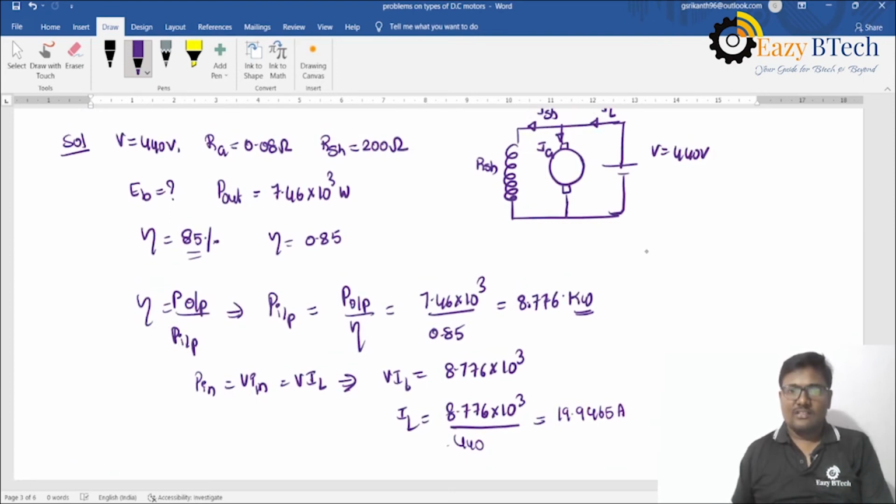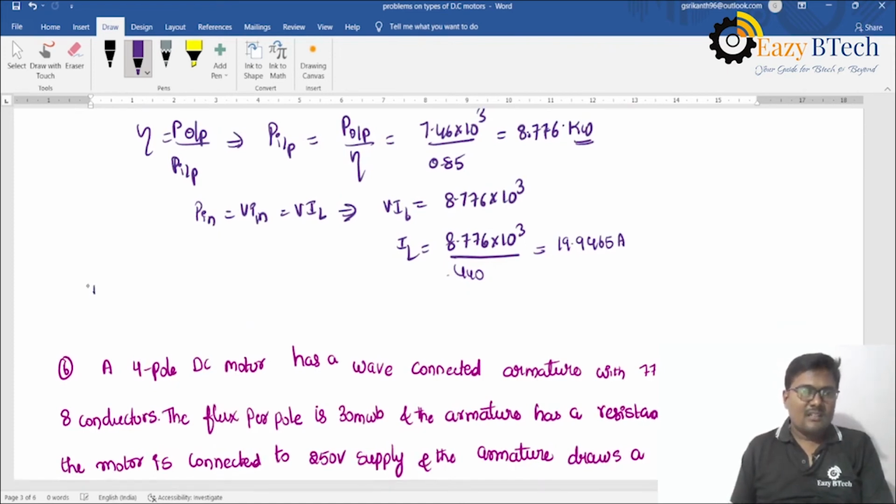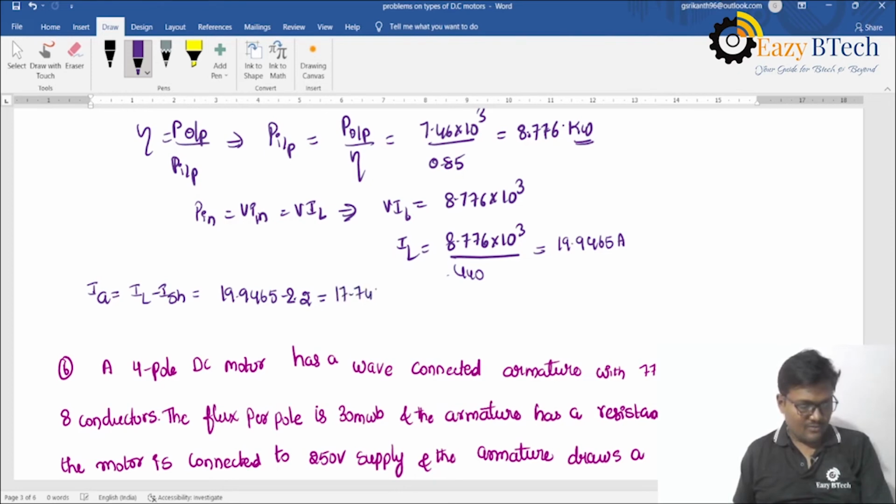So how is ISH calculated? ISH is equal to V by RSH. V is 440 and RSH is 200. That should be equal to 2.2 amperes. Then IA is equal to IL minus ISH, 19.9465 minus 2.2, then I got 17.7465 amperes.